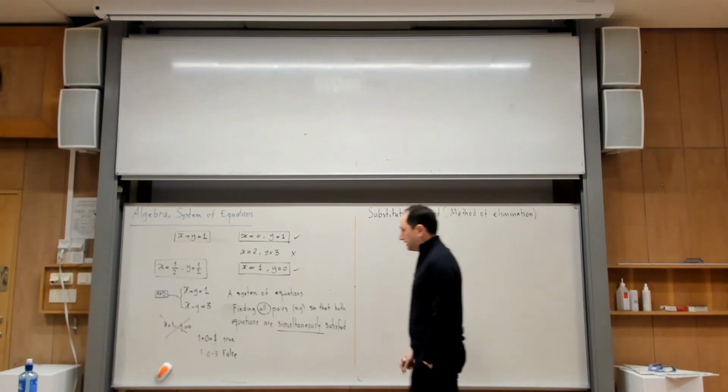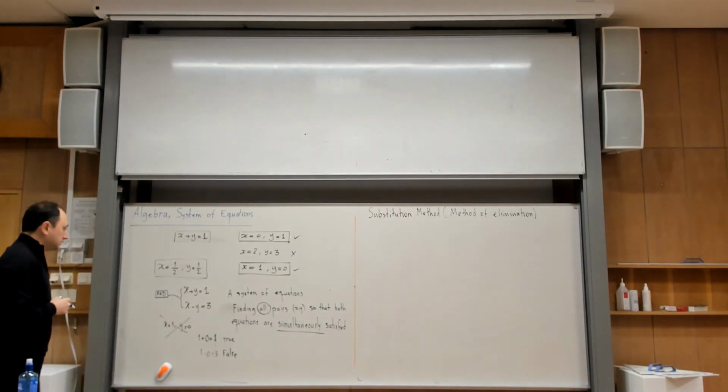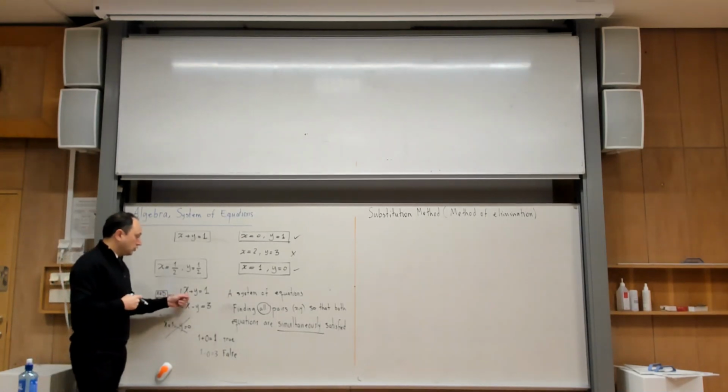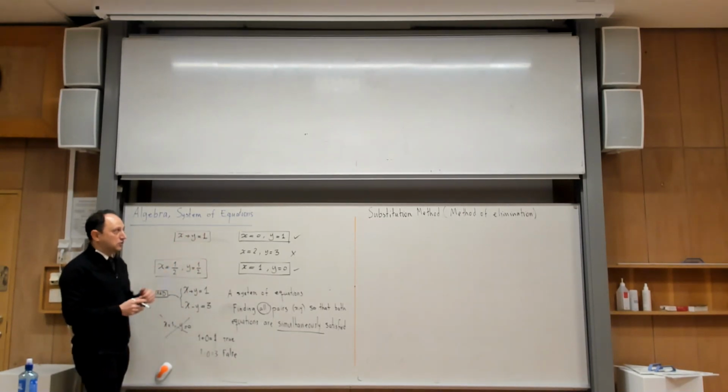And what is the meaning of that? It means that you go to one of your equations in your system and decide about one of the variables, make it the subject of that particular equation, and solve it, and substitute it in the second equation. That is why it's called the substitution method.